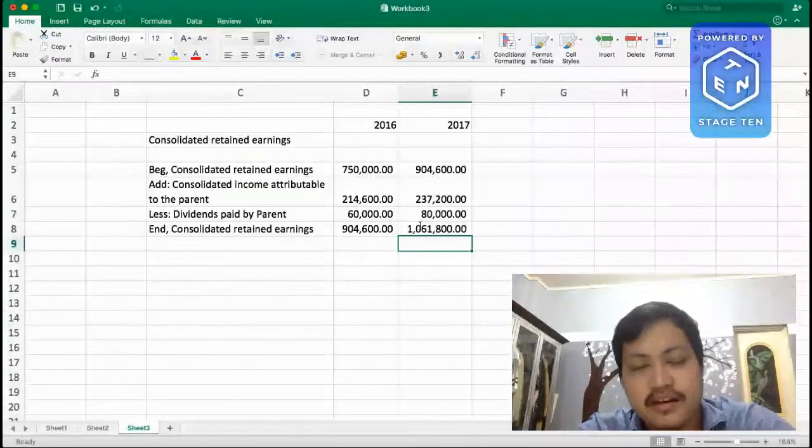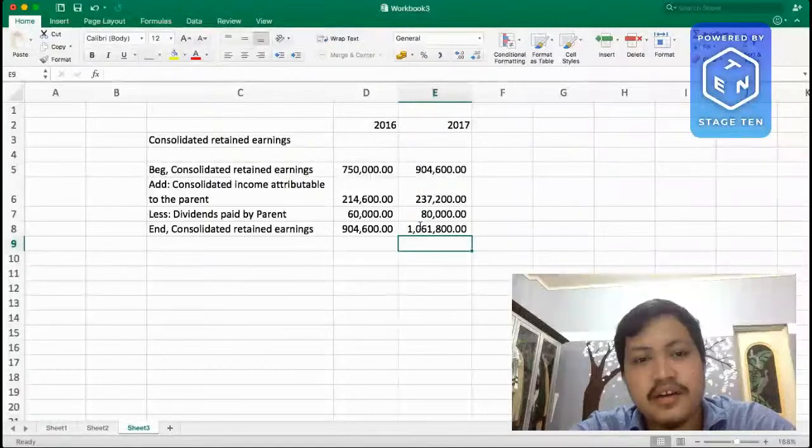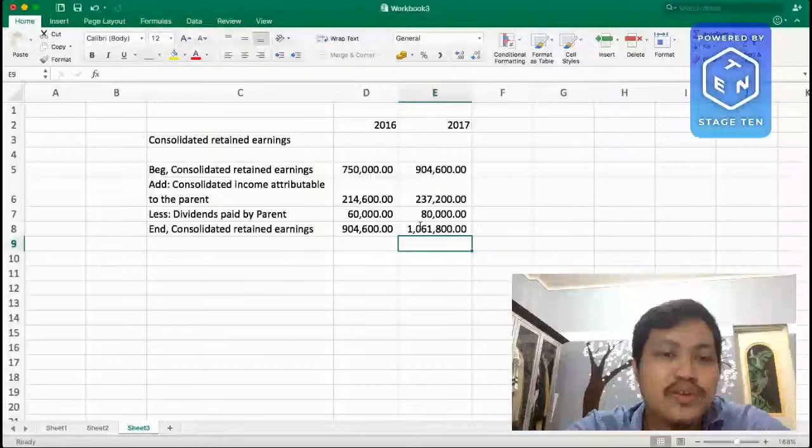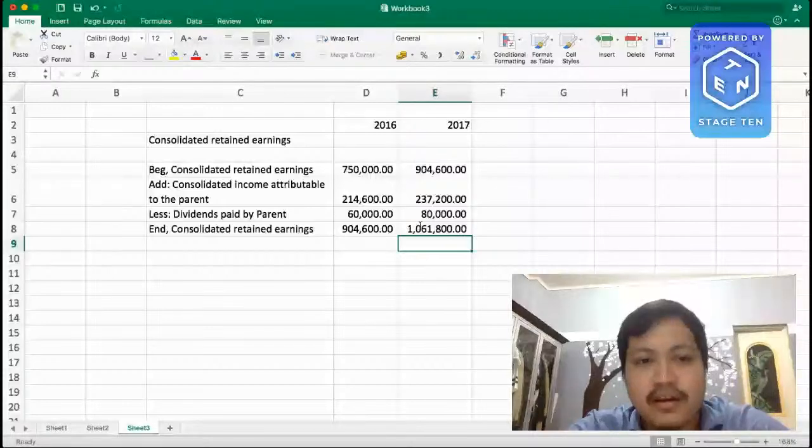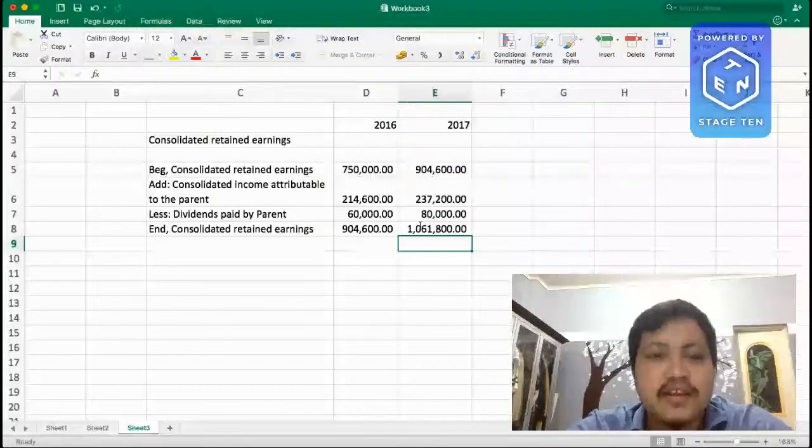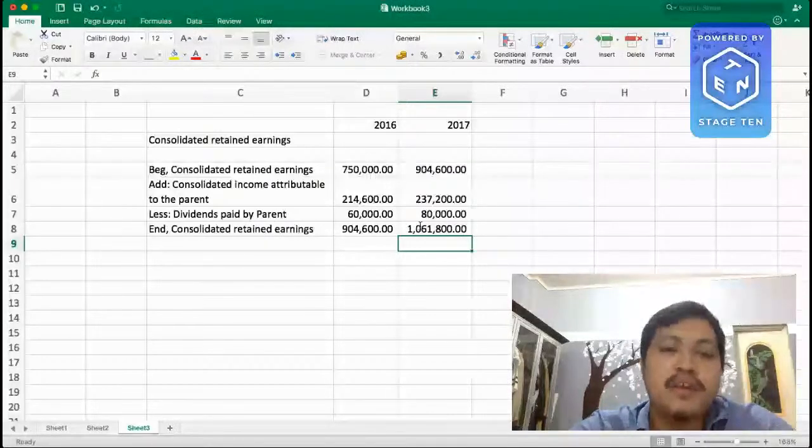On the other hand, the retained earnings of the parent also includes something that is not included in the consolidated retained earnings. And what is that? That is the dividend income from the subsidiary. Okay?